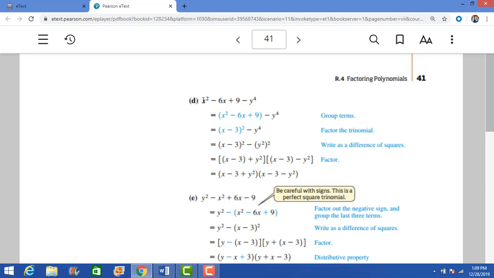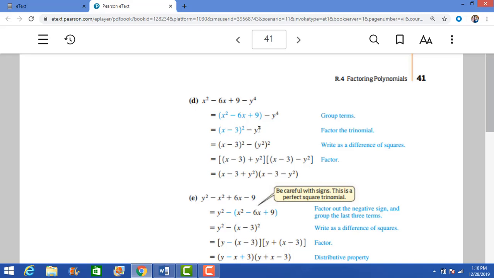So we get 3 squared and x squared here. Can we get the middle term if we take the product of those two and double it? x times 3 is 3x, times 2 is 6x. And we do. We get a minus 6x. And since this is minus, this is going to be a perfect square of the form x minus 3 quantity squared. And now we know we have a difference of two squares.